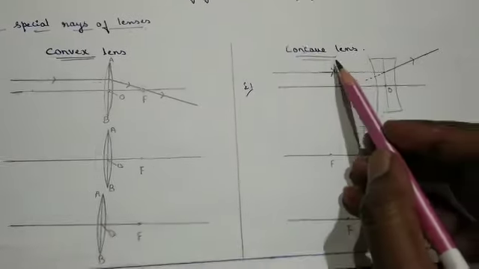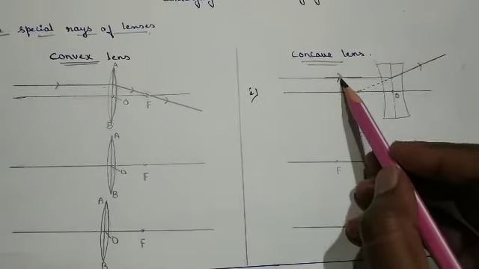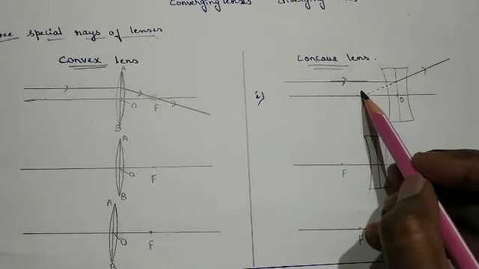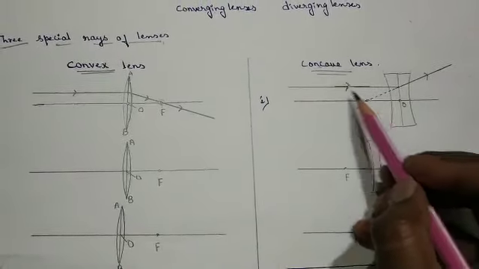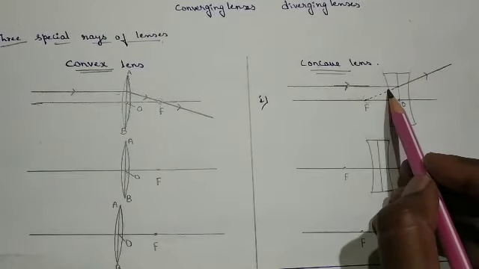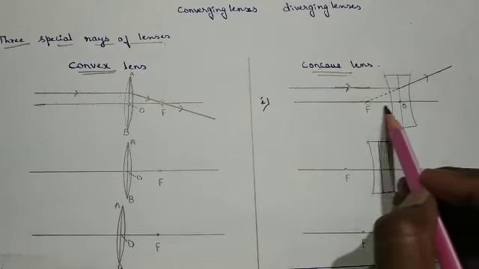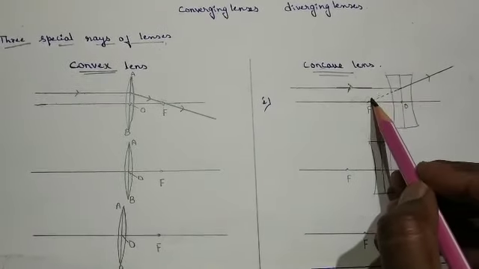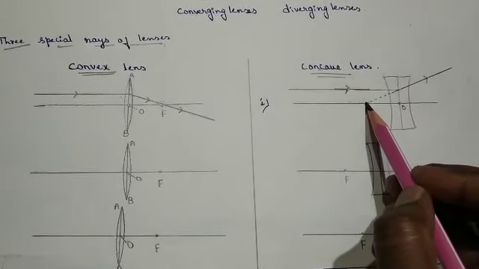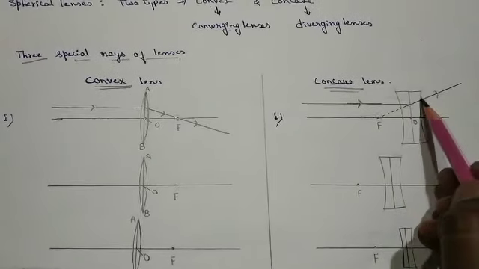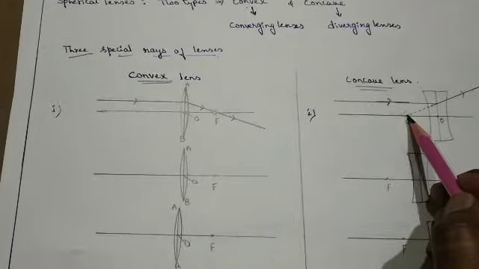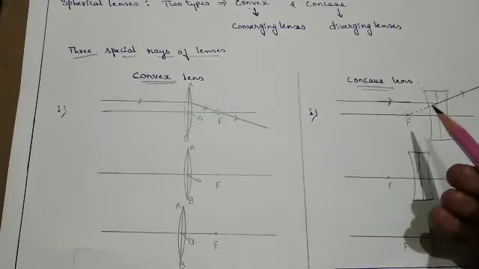In the concave lens, if the rays are parallel to the principal axis, they appear to meet at focus. So here this is the ray which is parallel to the principal axis. After refraction, after diverging, it appears to meet at the focus. This is case 1 for both convex and concave lens.